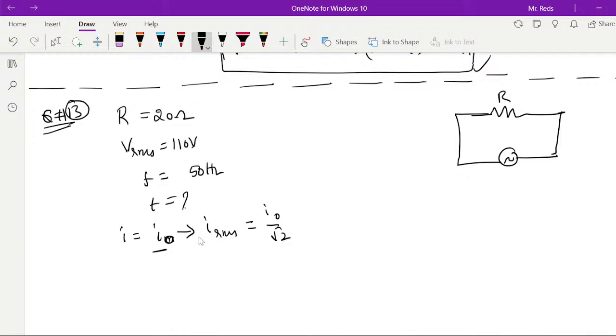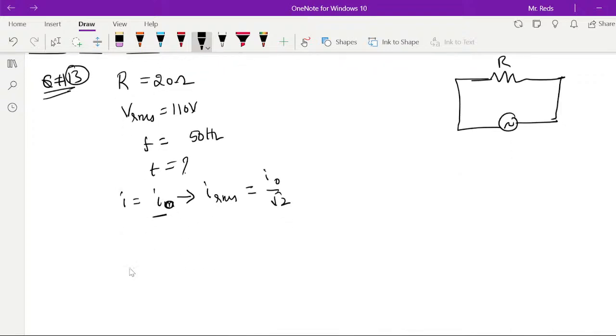The other way is to simply take it as we know, I is equal to I naught sine omega t. Here R is given, so you have to write this in terms of resistance. I is equal to V by R, so V naught by R. But V naught is not given, VRMS is given.